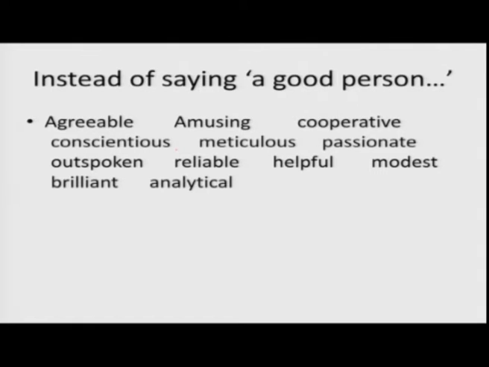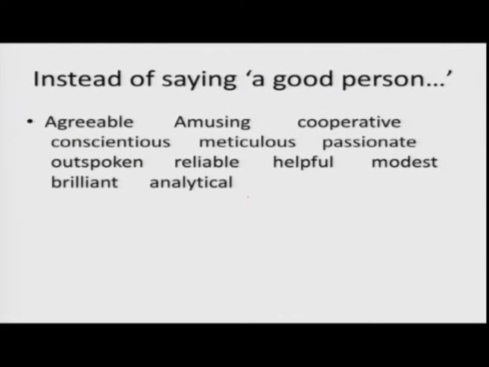So, instead of saying a good person, you have other words to choose from. You can say agreeable, amusing, cooperative, conscientious, meticulous, passionate, outspoken, reliable, helpful, modest, brilliant, analytical, and so on.